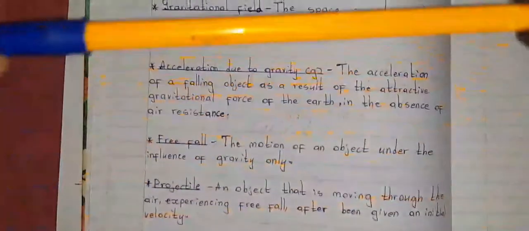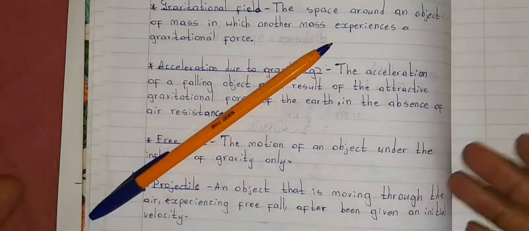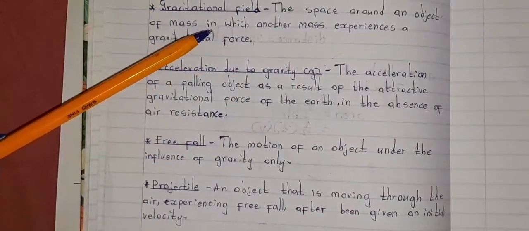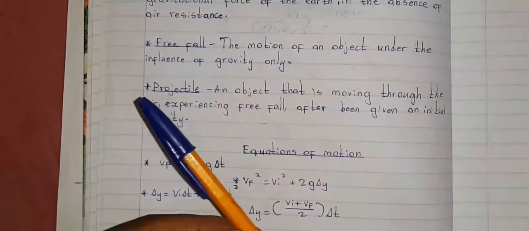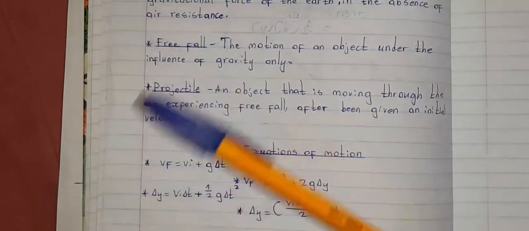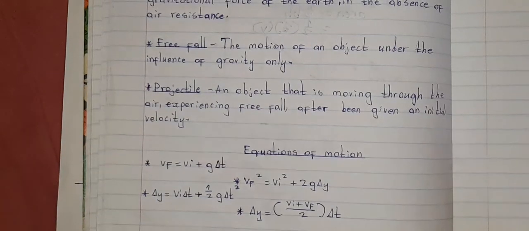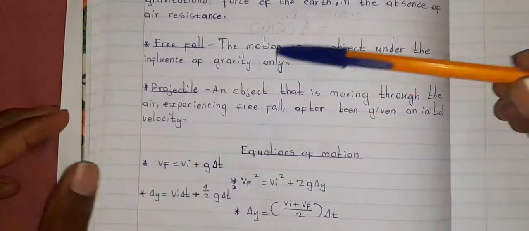Like this, I was holding this pen, I let it go, and it undergoes free fall. And when we're talking about a projectile, we are talking about an object that we give an initial velocity and then it experiences free fall. I hope these 2 terms here are clear.